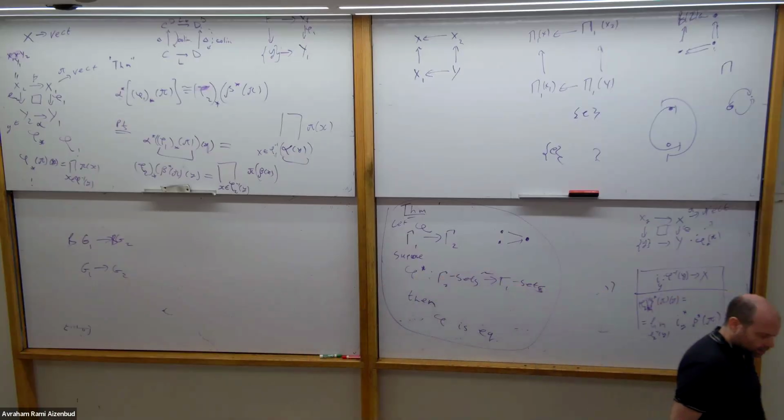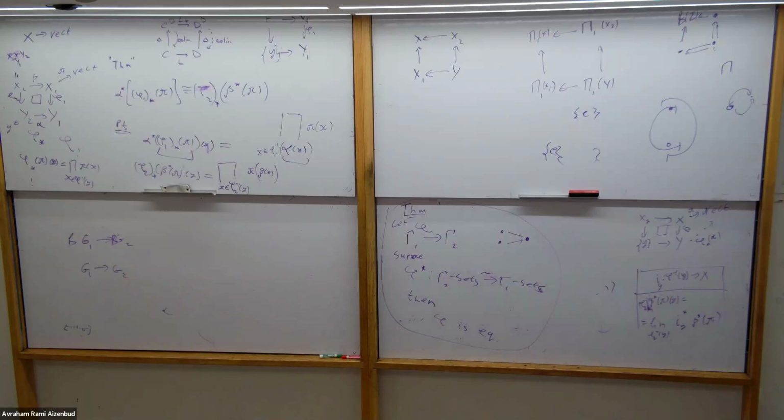Now the idea is that instead of proving the Van Kampen theorem directly, I will prove that the category of representations of pi 1 of X, sets, is the same as the category of representations of the pushout of this diagram.